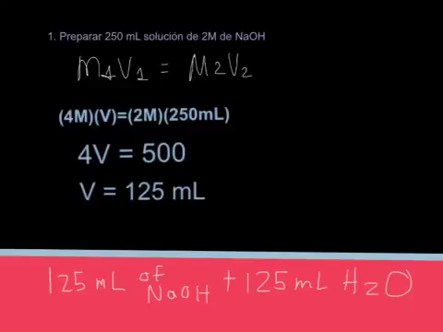After this, you proceed to solve for V. So you multiply 2M times 250, which will give you 500, and then divide 500 by 4, and you will find that the volume needed to answer the question is 125 milliliters of NaOH. And since you need 125 milliliters of NaOH, you then know that you will also need 125 milliliters of H2O.